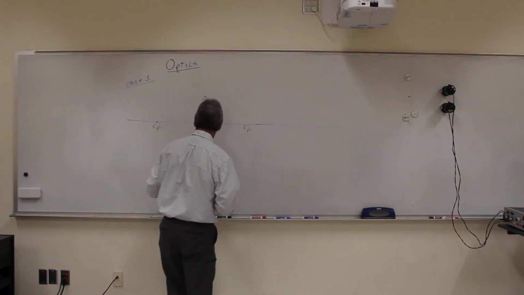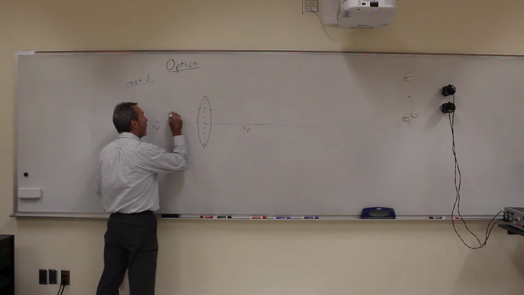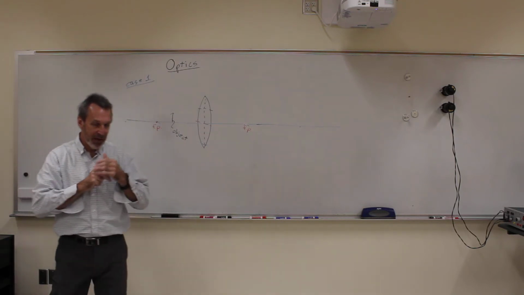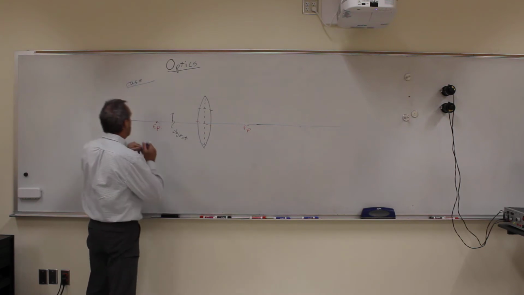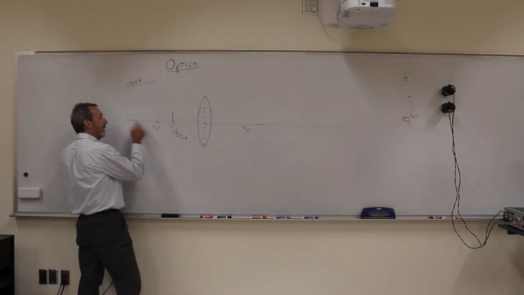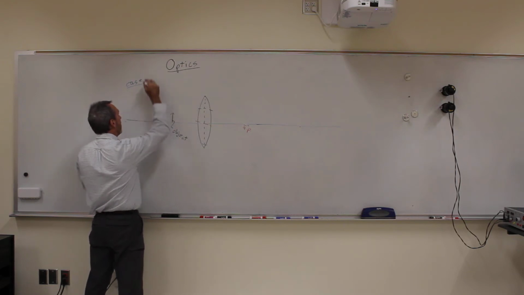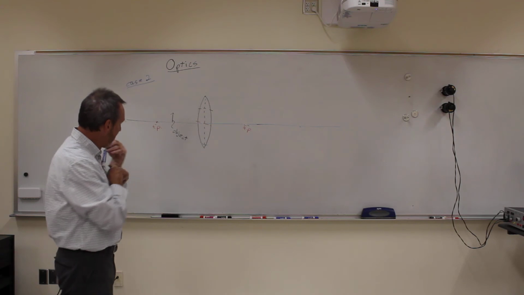All I've done is now I'm going to move my object to in here. All right, so case 1, the object was outside of the focal point. So the object was out here beyond the focal point. Case 2, the object is between the focal point and the lens.